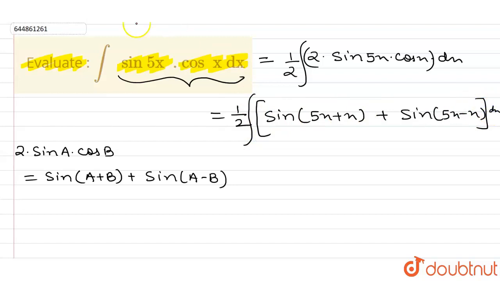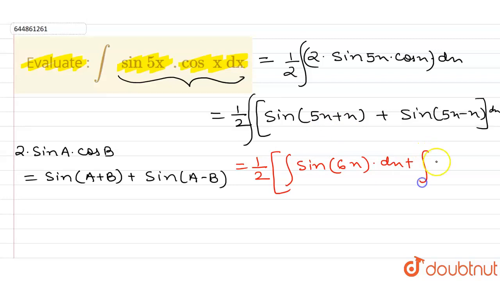By solving it more, I can write 1 by 2 and open it: integration of sine 6x, since 5x plus x is 6x, into dx, plus integration of sine 5x minus x, which is 4x, so sine 4x into dx.